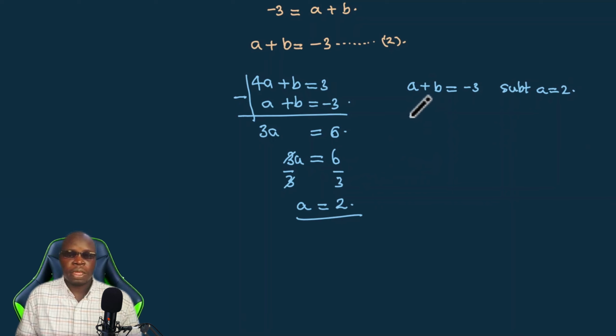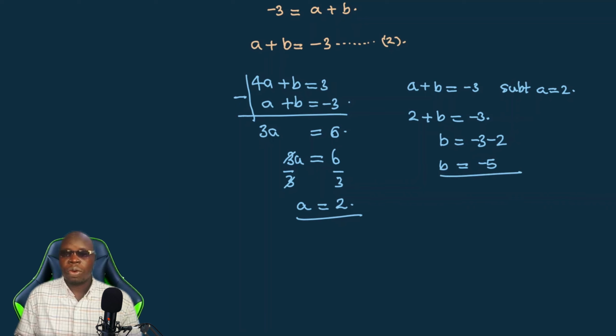So if a equals 2 and we add our b, what do you think will be the result of this? So we can collect like terms, leaving our b here, and we have negative 3 minus 2, and this gives us negative 5.